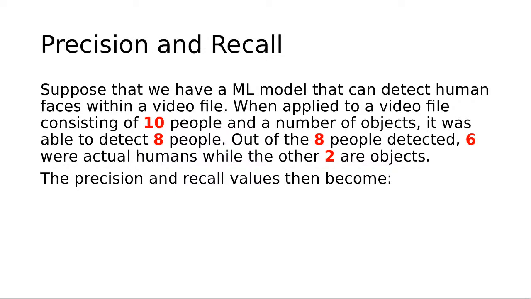Okay, so 60%. However, with recall we want to look into how many out of the number of people detected are actual human beings. So in this case, recall would be 6 divided by 8, which would be 75%. Okay, so 75%.